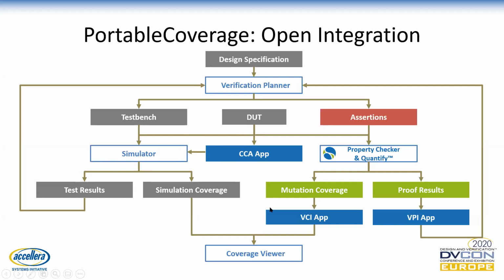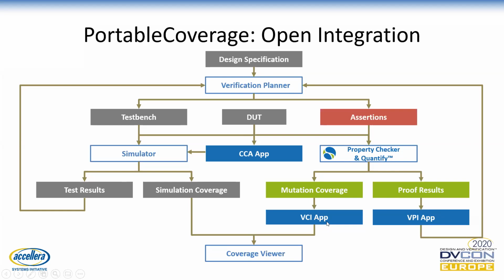On the other side, the assertions are being proven, so we get a hold with a reachable witness. We do coverage analysis, and then we have mutation coverage, the coverage database, the code coverage reported by Quantify, and then we have the proof results, the assertion results. We run them through the verification planning integration app that ends up generating a database that is used to annotate the verification planner.